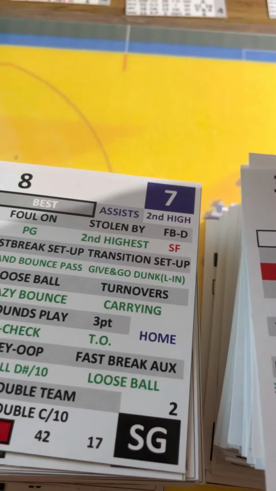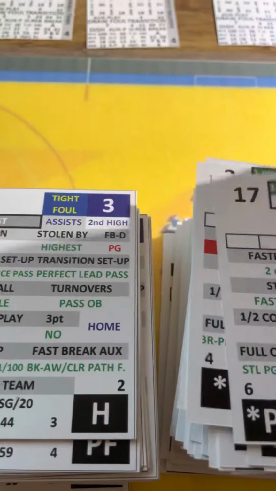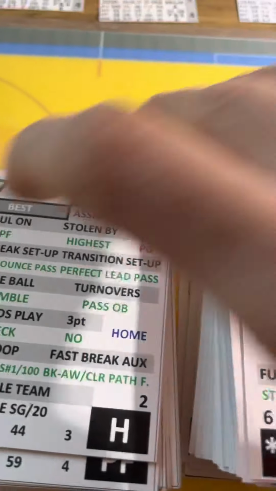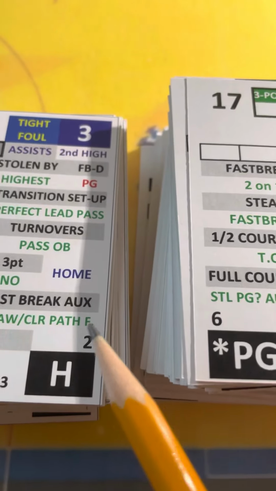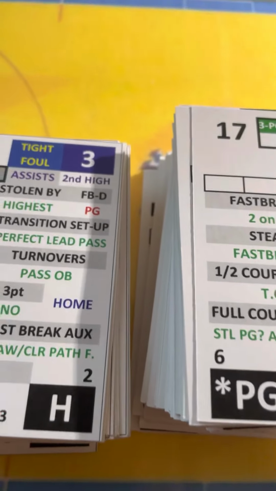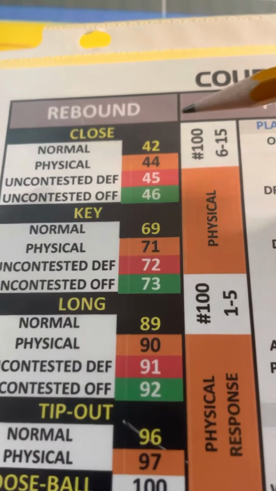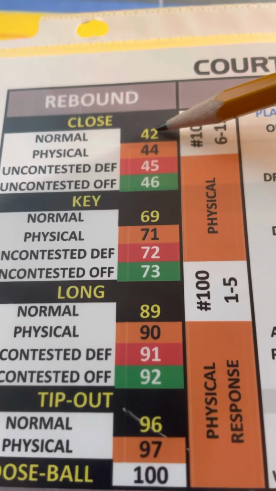I guess we can kind of do one more here with this rebound. I can kind of show you how the chart works. Let's say a shot goes up and the shot is missed. What you do for the rebound is you use the same cards. You take these two numbers. It's a 1 to 100 number. And you move it to this chart here, and 26, you can see it's going to be a normal rebound in close.